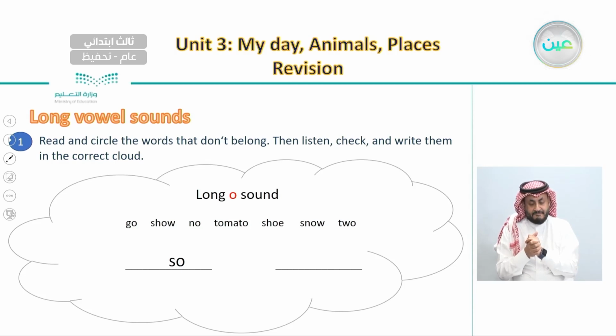Let's start listening to the first one. The first cloud we have is the long O sound. Now let's listen to the words, and we need to circle the words that do not belong to this cloud. The first word is go.